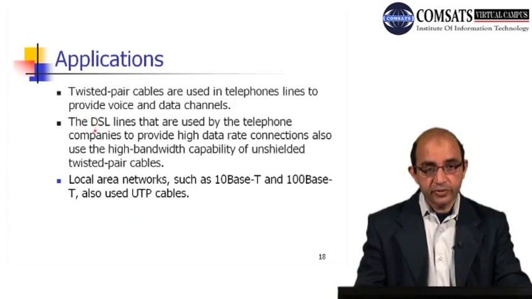We can also use those twisted pairs to connect DSL lines to central exchanges, right? And we can also use those twisted pairs to interconnect different computers and other devices like switches and routers for local area networks and wide area networks.